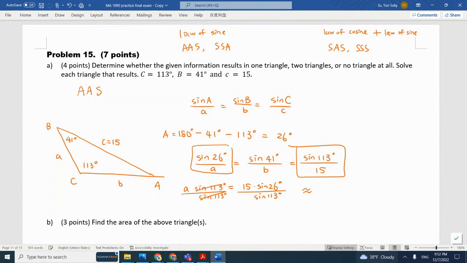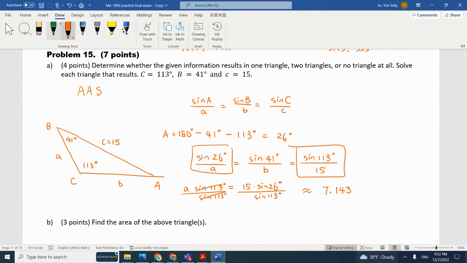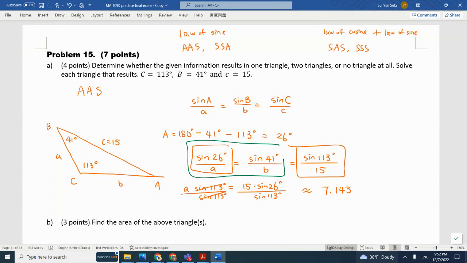So you can put this in your calculator. Give me 3 decimal places. You get 7.143. And then to find side b, we look at these two.